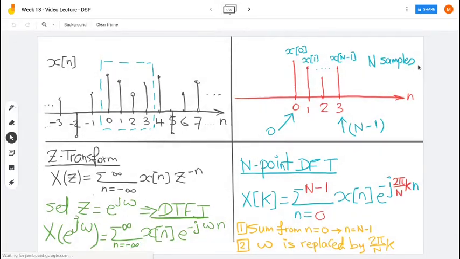From the computational point of view, when we try to compute these kind of summations going from minus infinity to positive infinity, we face a problem. For instance, if you try in MATLAB to define a signal x of n extending from minus infinity to positive infinity, as a matter of fact, you cannot. You can in MATLAB define a finite duration sequence starting at a certain time instant and ending at another time instant.